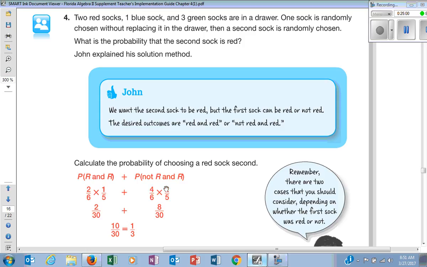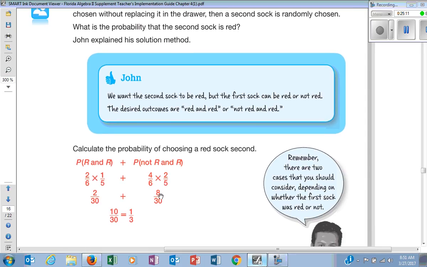That means there are still 2 red socks in there, and now out of 5 total, because one of those other socks is gone, I've got a 2/5 chance. When I multiply that together, I get 8 over 30. I add those together, and I get 10 over 30. And when I reduce that, I get a 1/3 chance of the second sock being red. Hope that makes sense.